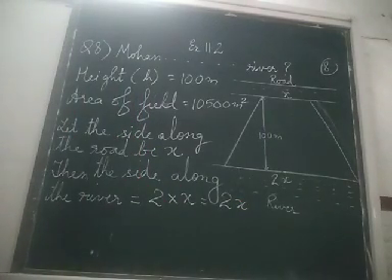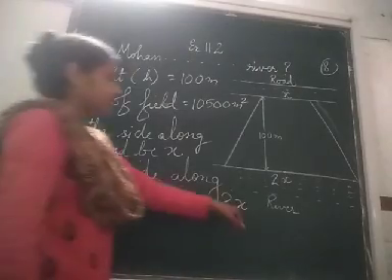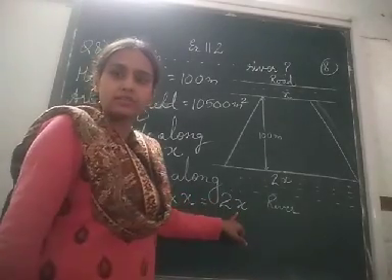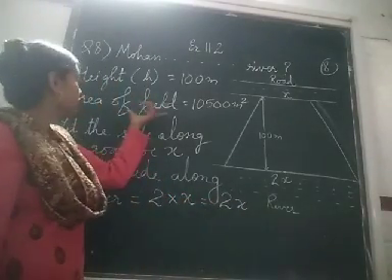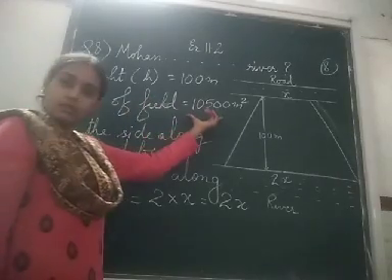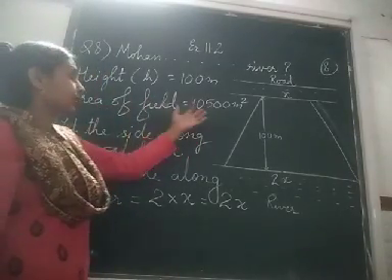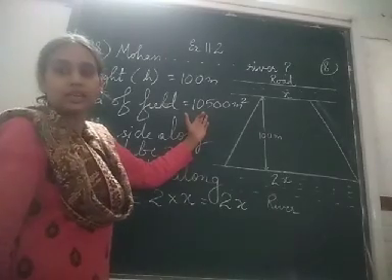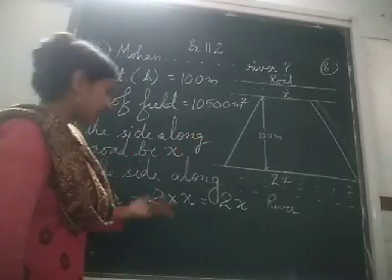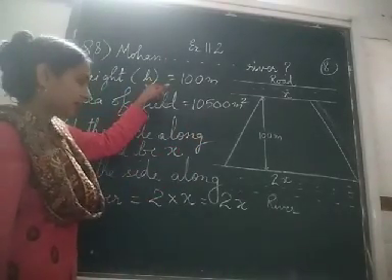Now, what we have to do? We have to find the value of x. From where do we get this value of x? We will get it from the area of the field. That means h into (a plus b) by 2 is equal to 10,500 meters square. What is h? This is h. What is a plus b?